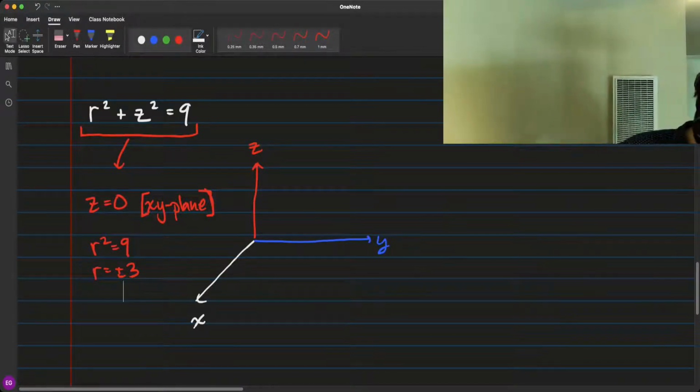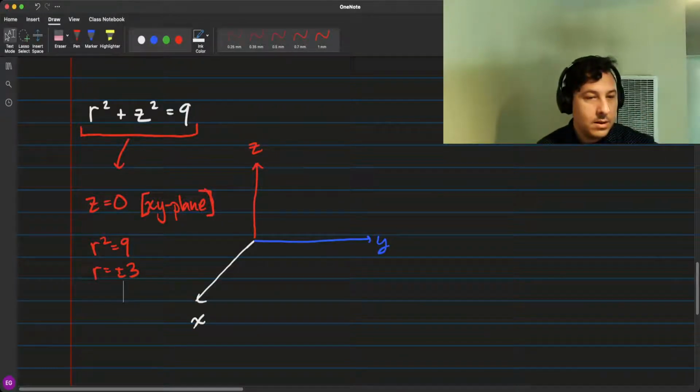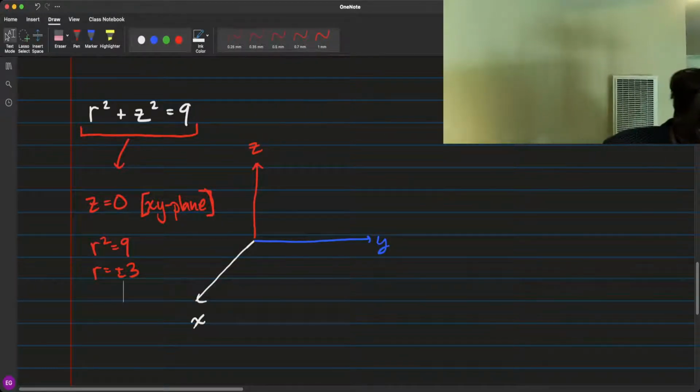Wait. If z equals 0, it's on the xy axis. I'm sorry, xy plane. Yeah, I'm messing something up. One second.